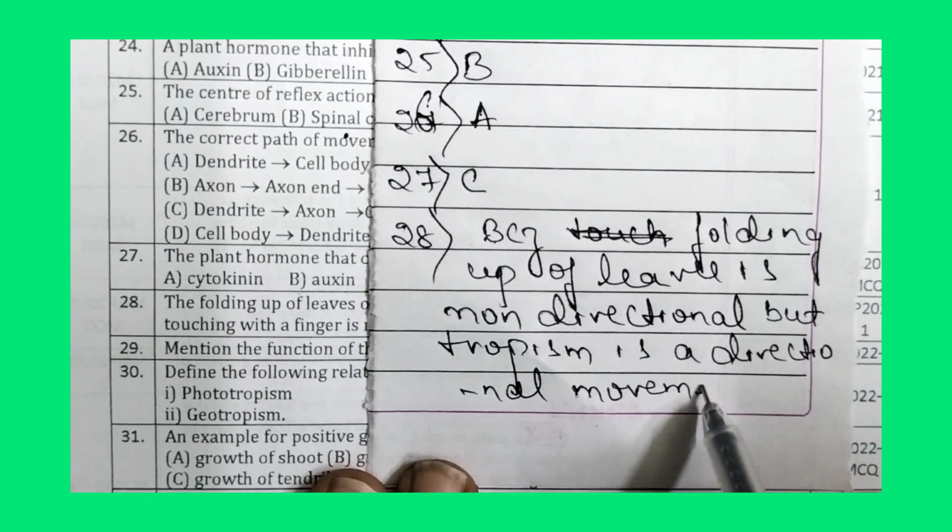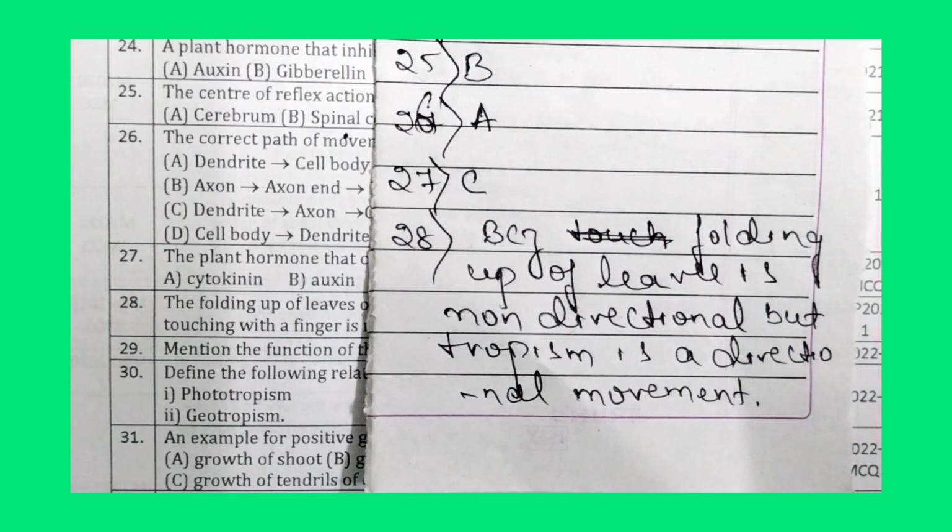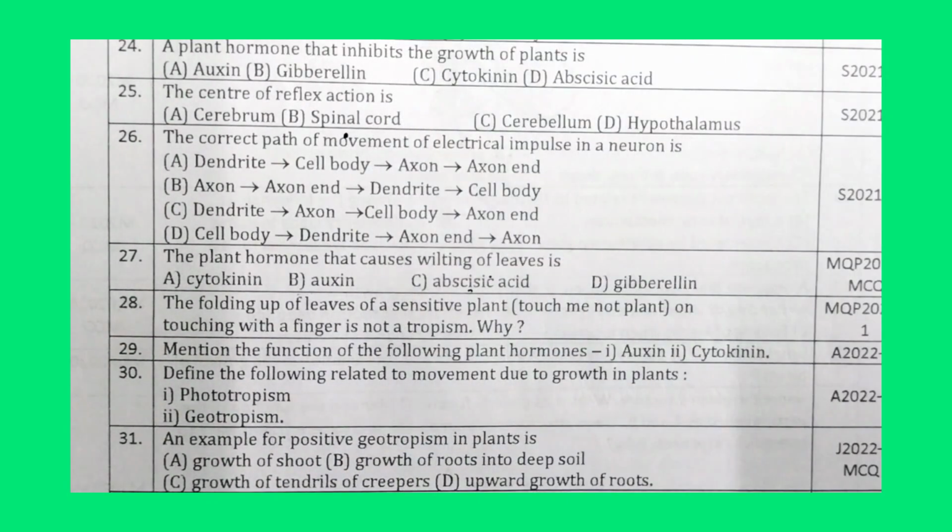So folding is a non-directional movement, whereas tropism is a directional movement. Therefore it is not a tropism. So this is the answer for the 28th.